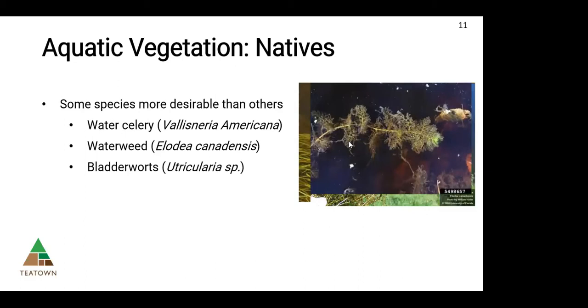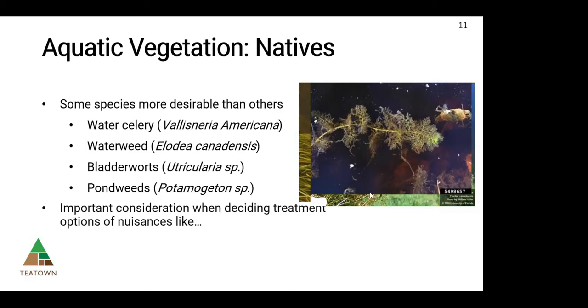They're actually carnivorous. So if you look up close, you can see whether or not it has fed recently because the bladders will either be full or they won't, but they feed on plankton. And then we've got pondweeds in the Potamogeton genus. We have dozens of native pondweeds. All are great habitat and food resources for waterfowl specifically.